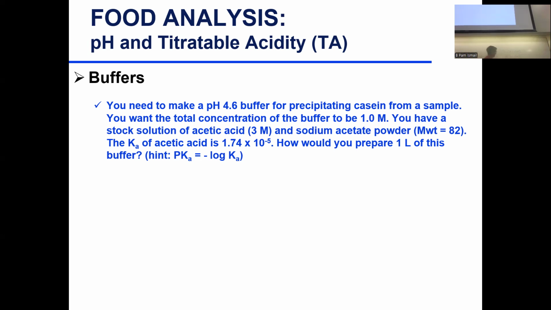All right, so now what I want is 0.41 molar of A minus added to 0.59 molar of AH. I want to put these together and make that 1 liter of buffer.